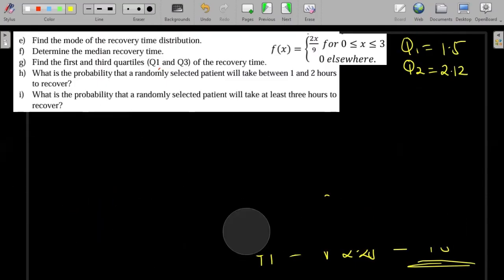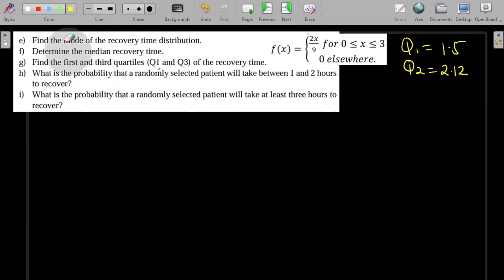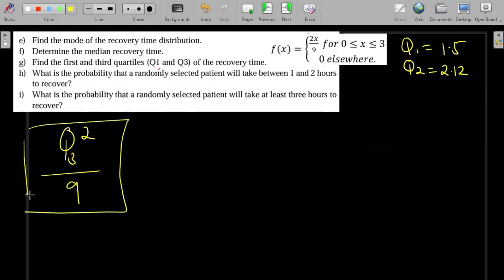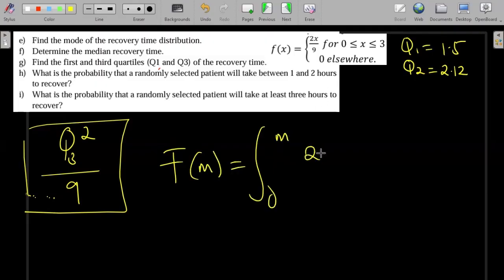For Q3, we're equating the CDF to 0.75. So I'll write Q3 squared divided by 9. Some people may be asking where this is coming from. This is the CDF we found for M, where we took the integral from 0 to M of the function 2x over 9 dx.